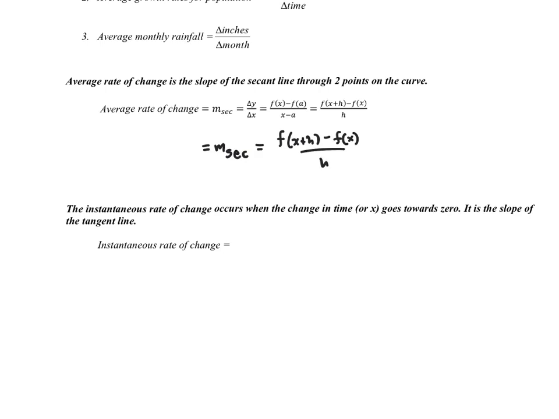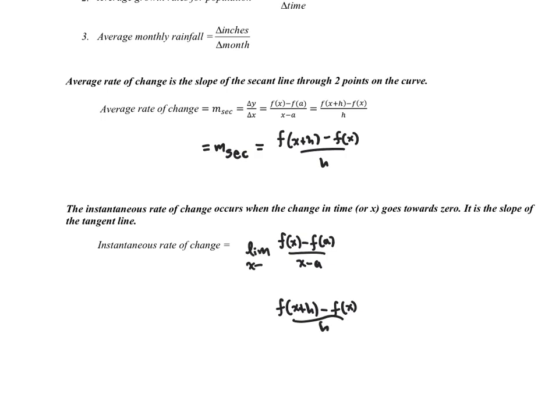Okay, now how do we find the instantaneous rate of change? So the change in population at an exact moment in time, not necessarily over an interval of time, but at an exact moment. What we do is we can either take the average rate of change in the form f of x minus f of a over x minus a, or we can take the other form of the difference quotient, which is f of x plus h minus f of x over h, and we use limits.